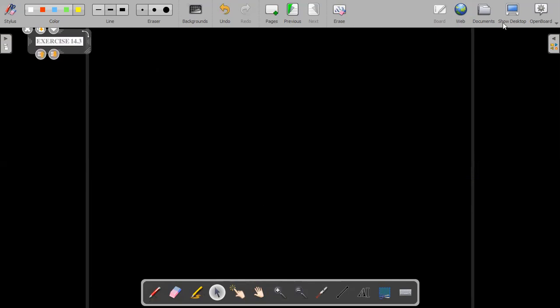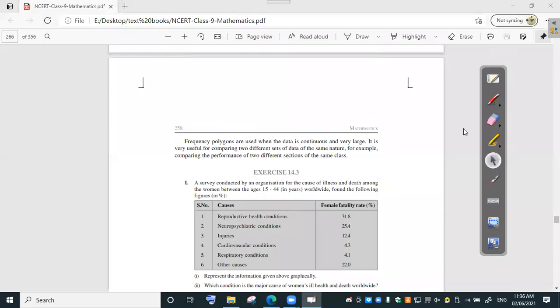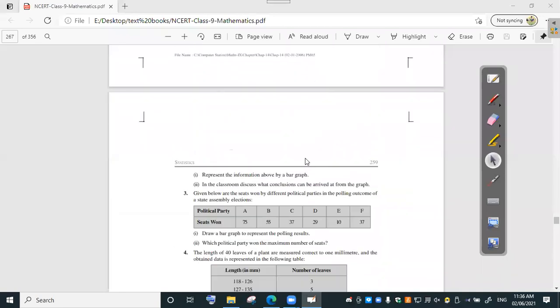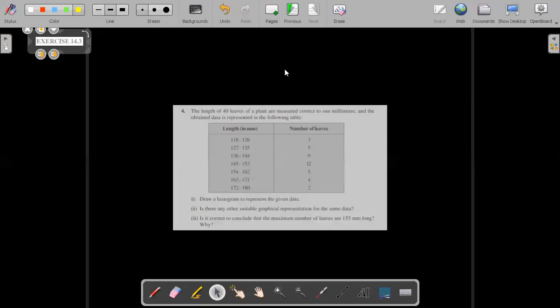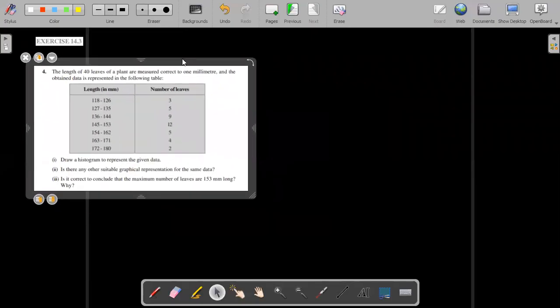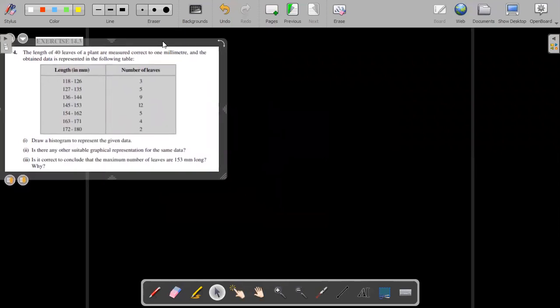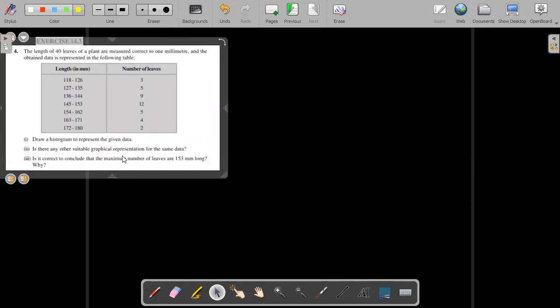As I told you, there should be no gap between the two bars. It should be a continuous diagram. So we are taking question number 4. The question is, draw a histogram.